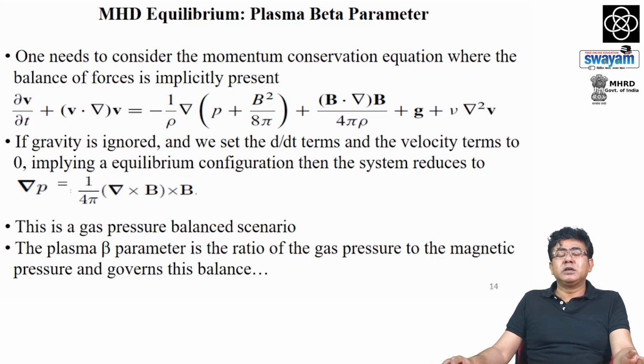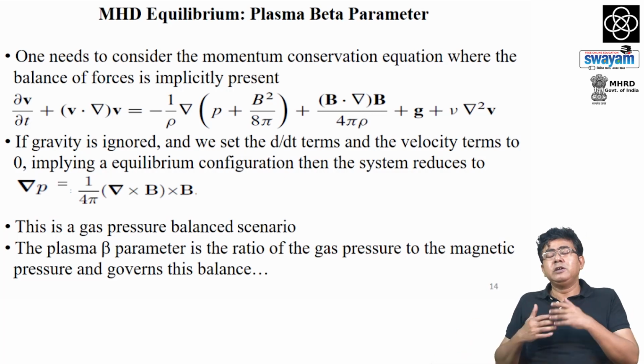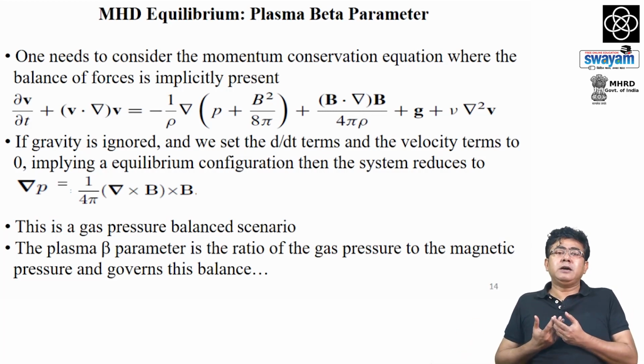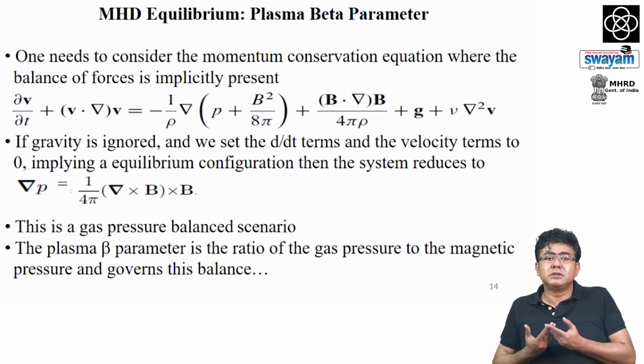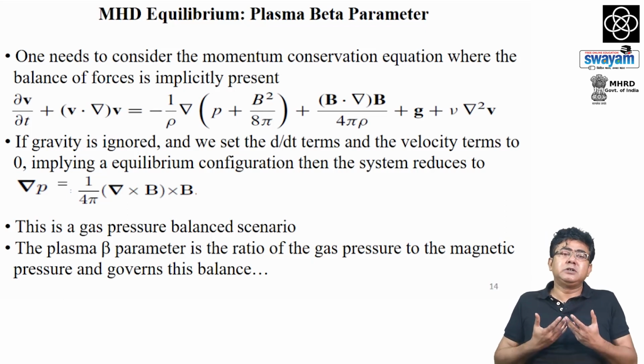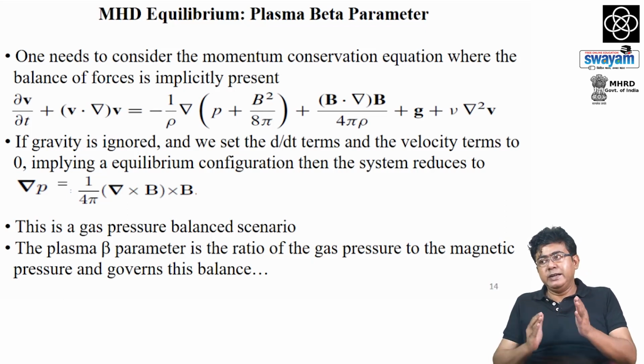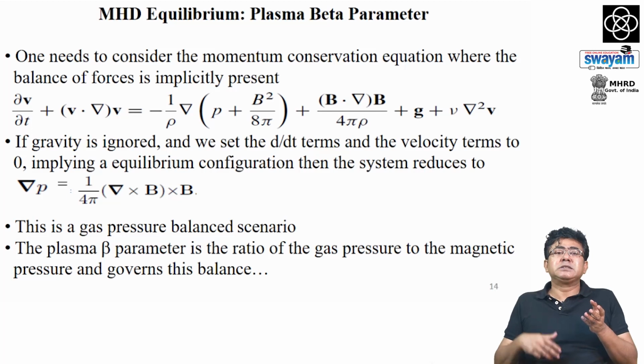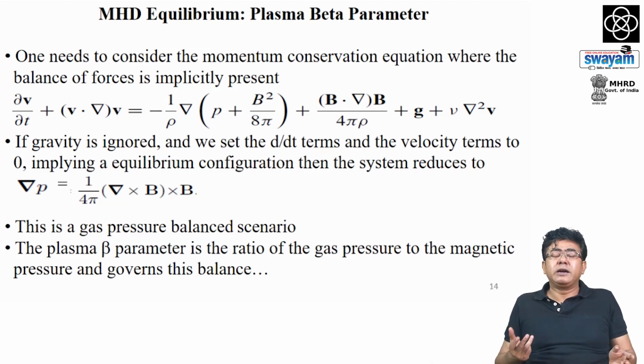So, this denotes a situation where you are in equilibrium by virtue of the fact that this is a gas pressure balanced scenario, where the gas pressure and the gradient or the spatial distribution of the gas pressure is such that the forces that arise because of that are balanced out by the magnetic forces.